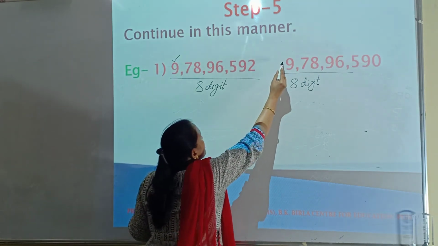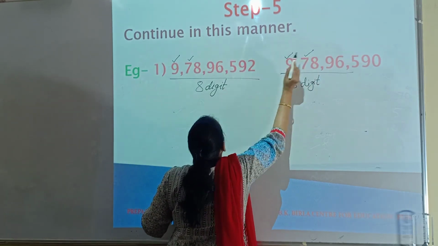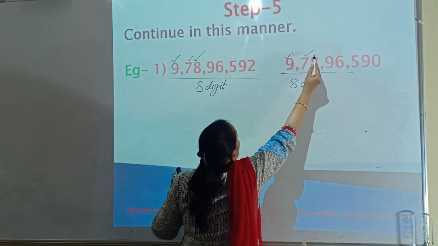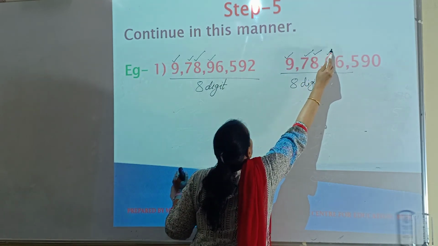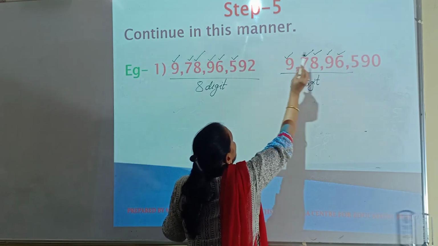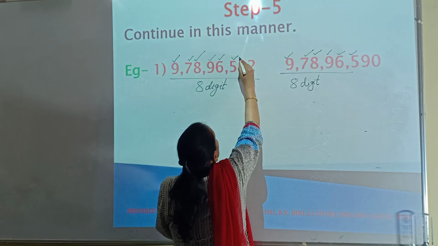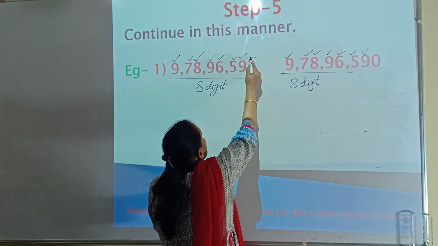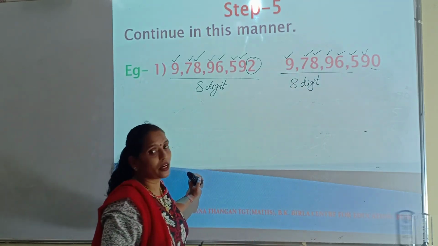This is 9, this is also 9. Here is 7, here is also 7. Here is 8, here is also 8. Then here is 9, here is also 9, and then 6, here is also 6, 5, here is also 5. Second last, the tens place, we have a 9 and here we have a 9, but last, here is a 2 and there is 0.